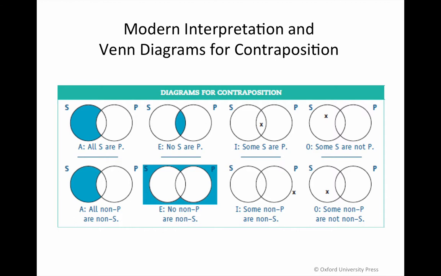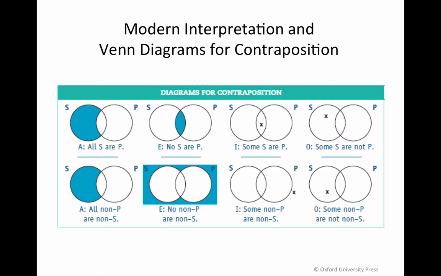Now, if you're having some trouble understanding the introduction of the class complement, in terms of wrapping your head around something like the E proposition that is contraposed, no non-P are non-S, don't worry, you're not alone. I have a video that focuses on the class complement. You might want to look at that.